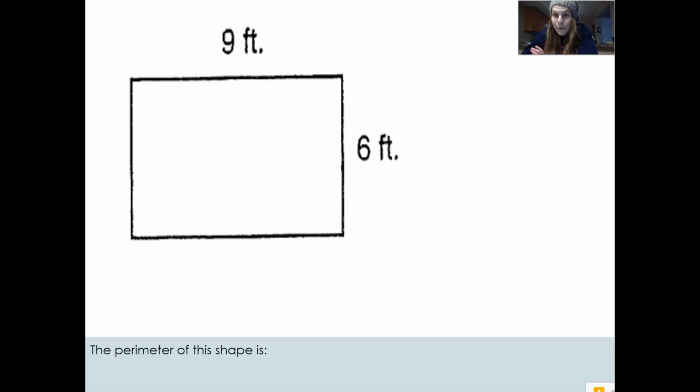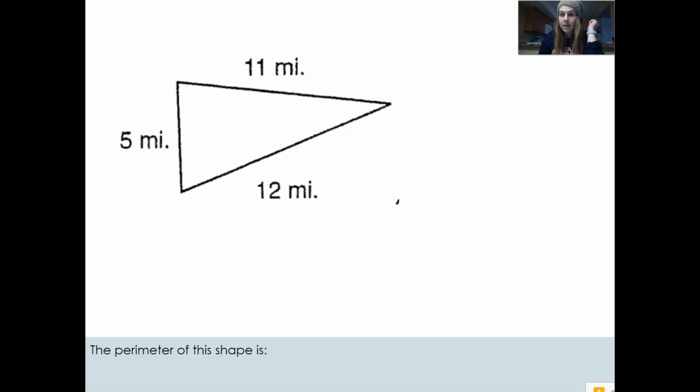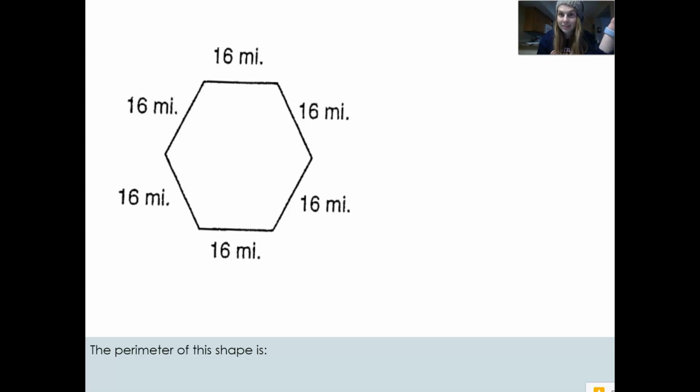Perimeter is the total of the lengths of each side of a polygon, a closed shape. So we could find the perimeter of four-sided quadrilaterals like this one, this rectangle, but we could also find the perimeter of three-sided shapes like this triangle, or six-sided shapes like this hexagon.